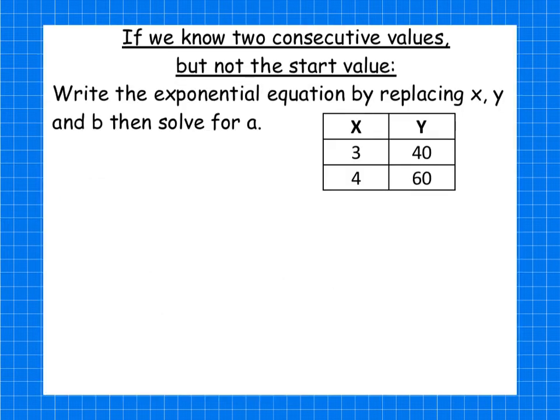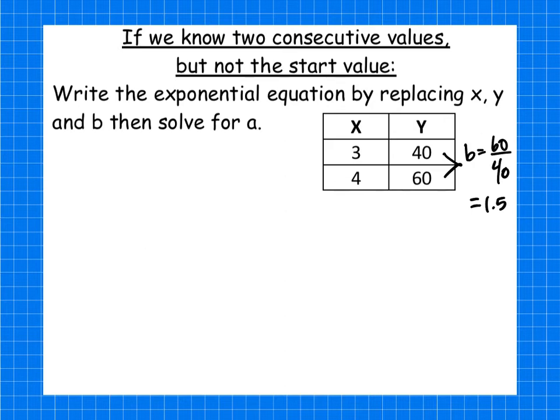Next section. I know them consecutively, but I don't know my starting point. And in some cases, you can just work backwards if you can figure out your multiplier, but in some cases, that's just not feasible. So we want to have the skills to do either one. So first, we're going to start with b. b is going to be 60 divided by 40, which equals 1.5.